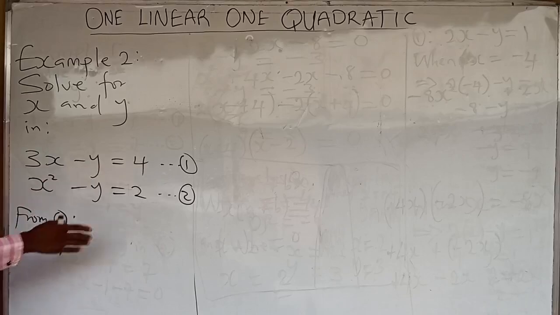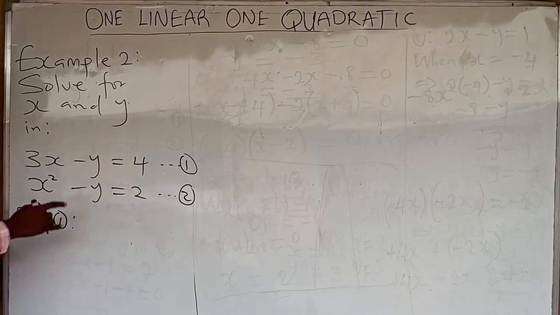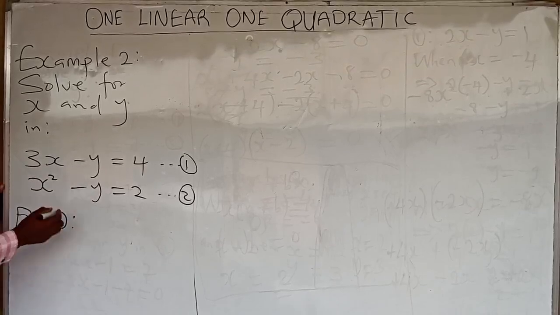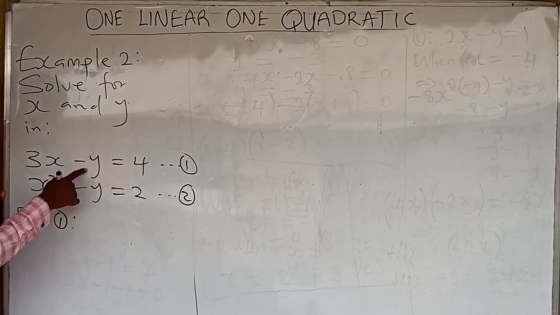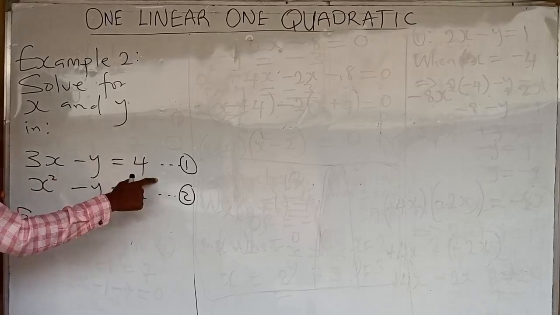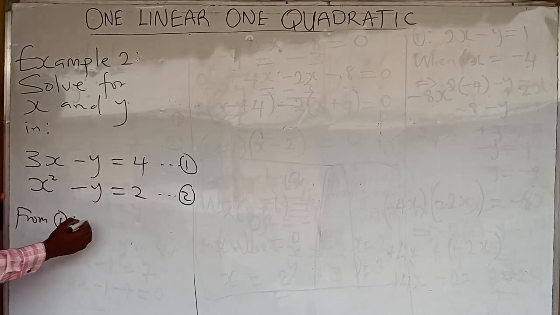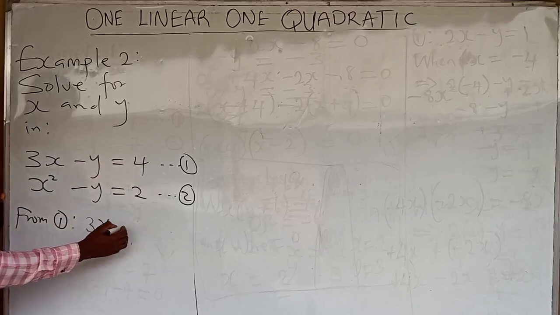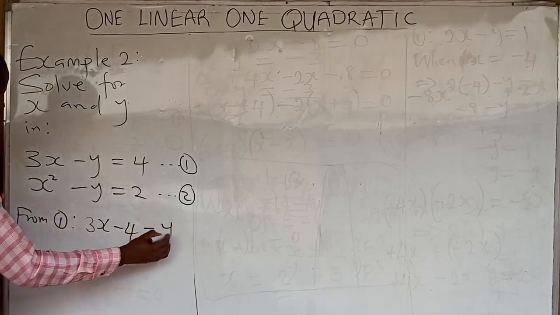But making y the subject will be easier and faster, because y does not have a coefficient apart from the minus sign that is there. So making y the subject, I'm going to take y outside, bring in 4 inside. It becomes 3x minus 4 is equal to y.